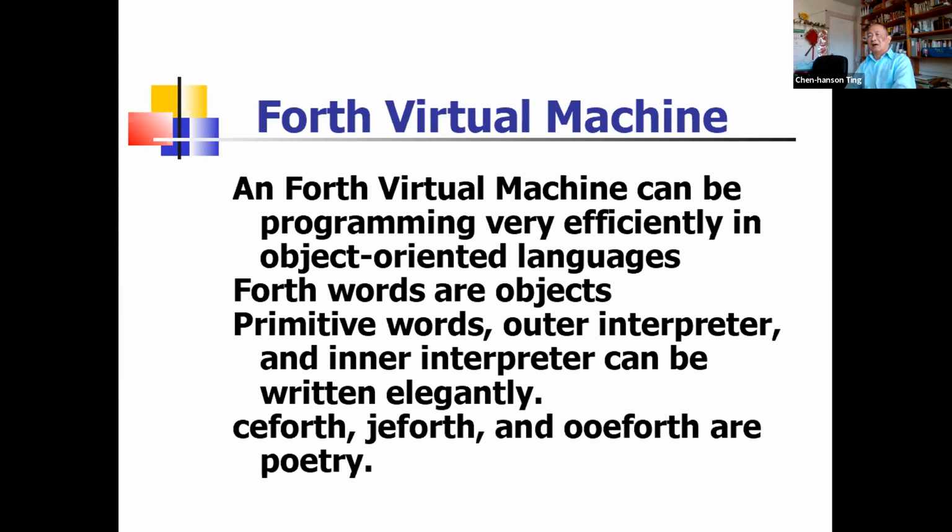So these three systems are very tight, very small. And I think most of them have 400 lines of code, more or less. And so I say that ceforth, jeforth, and ooeforth, they are poetry. Very beautiful.